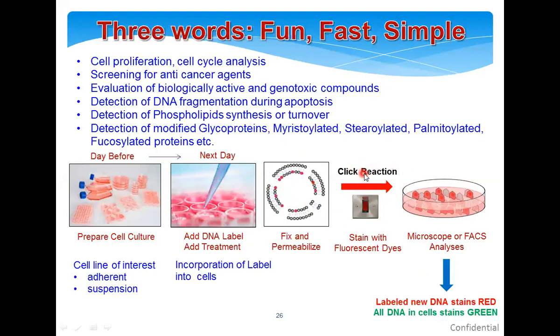So you just add the azide, the fluorescent azide. You add the copper to catalyze the reaction, and you add a reductant, a reducing agent. And then the final output, you analyze by microscope or via FACS.